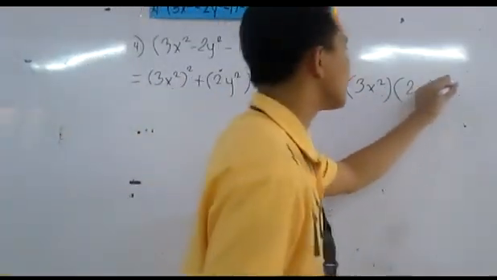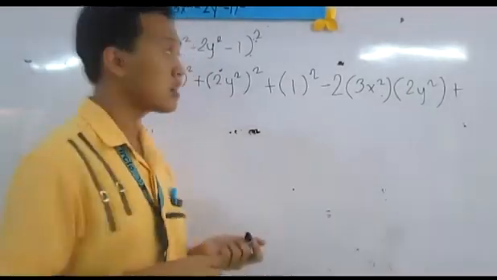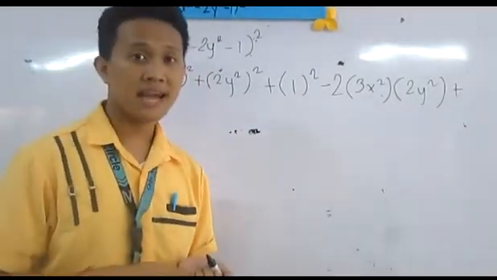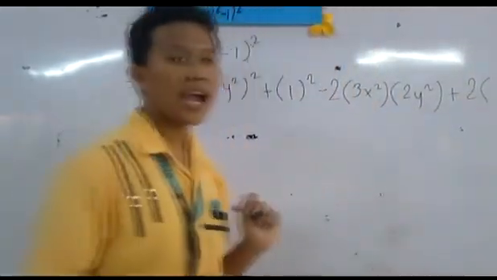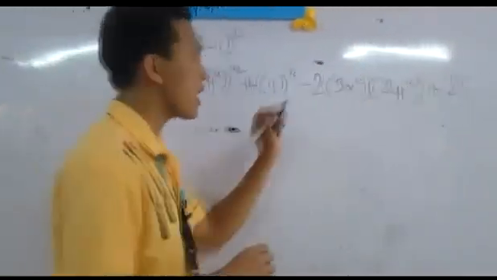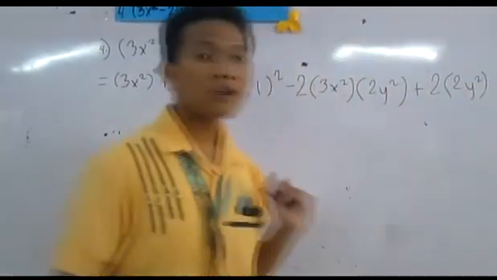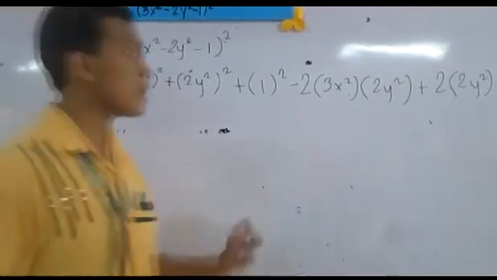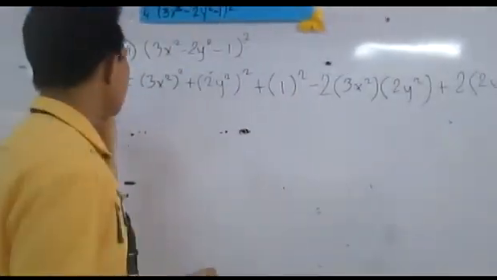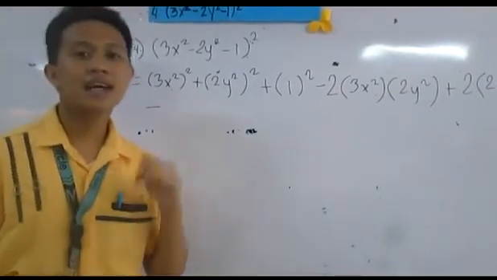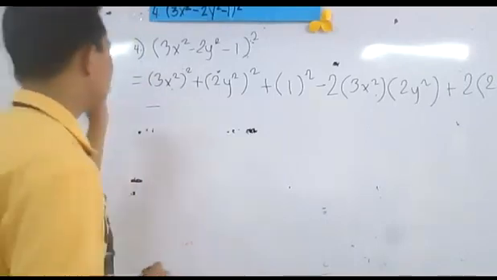plus twice the product of the middle term and the last term. We have 2 multiplied by our middle term, which is 2y squared, multiplied by the last term, which is 1, minus twice the product of the first term and the last term.